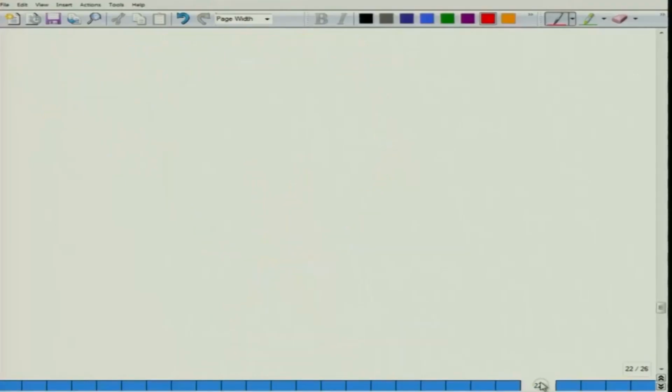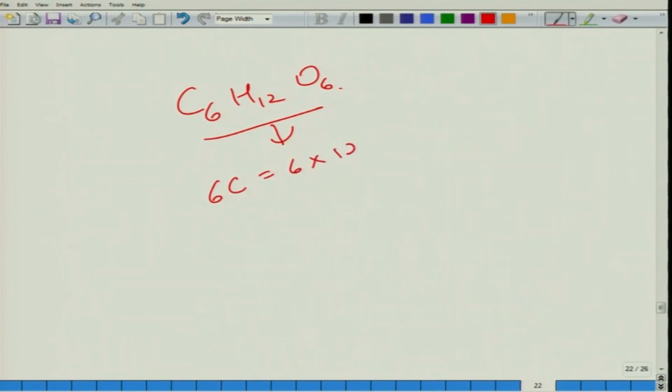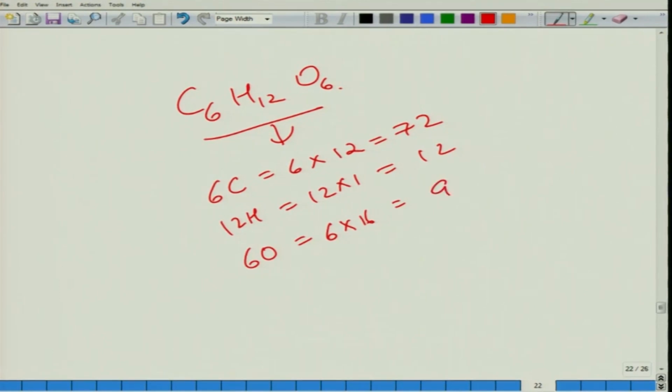So, for instance, if we consider the equation of glucose, we have 6 carbons. So, 6 carbons is 6 into 12, which is 72 units, 12 hydrogens is 12 into 1, which is 12 units, and then 6 oxygens, 6 into 16, is 96.